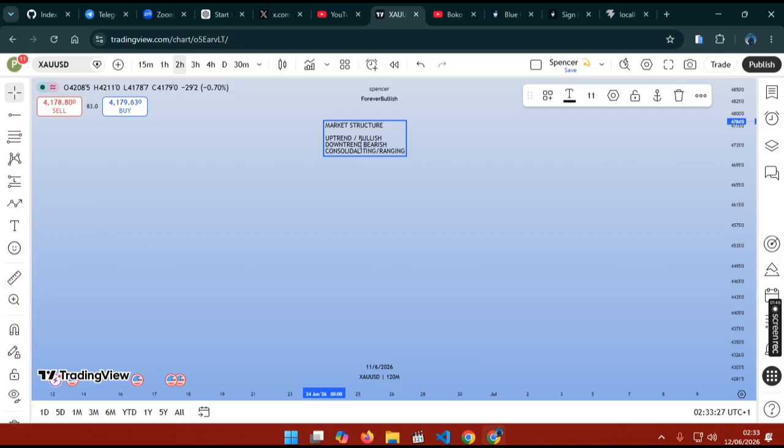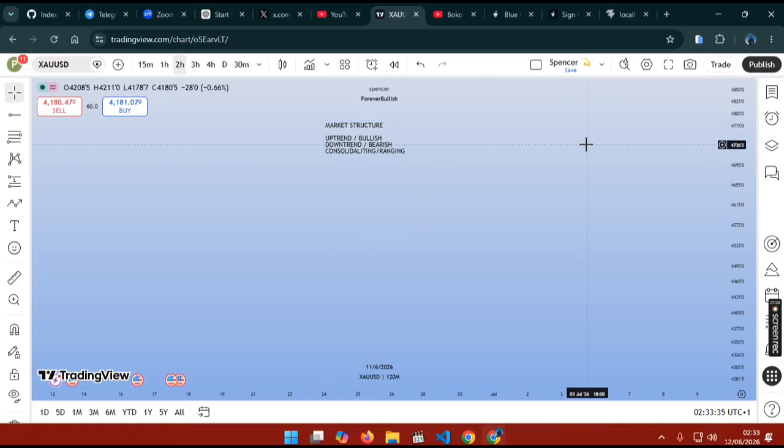Bullish and bearish are the two names that we make use of in the financial market. Bullish market signifies buyers in the market. You might have heard some people saying we are on a bull run, meaning we are on an uptrend.